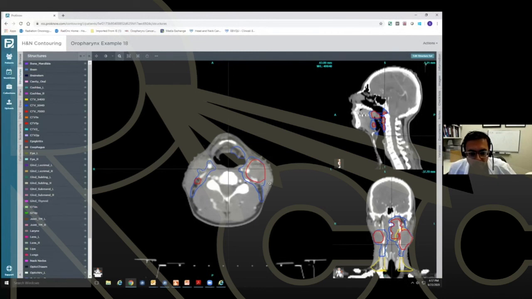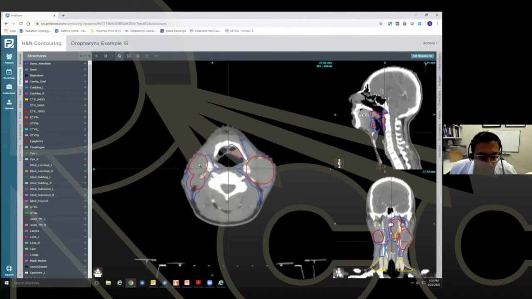When you have your CTV high, this disease, you're concerned about it extending into the sternocleidomastoid muscle, make sure you have the appropriate expansion. I know I keep going on about that, but it's very important to include any potential microscopic extension. And it's very routine for us to even consider covering the entire SCM here. And as you notice there's little fat here, you would just need to add bolus.